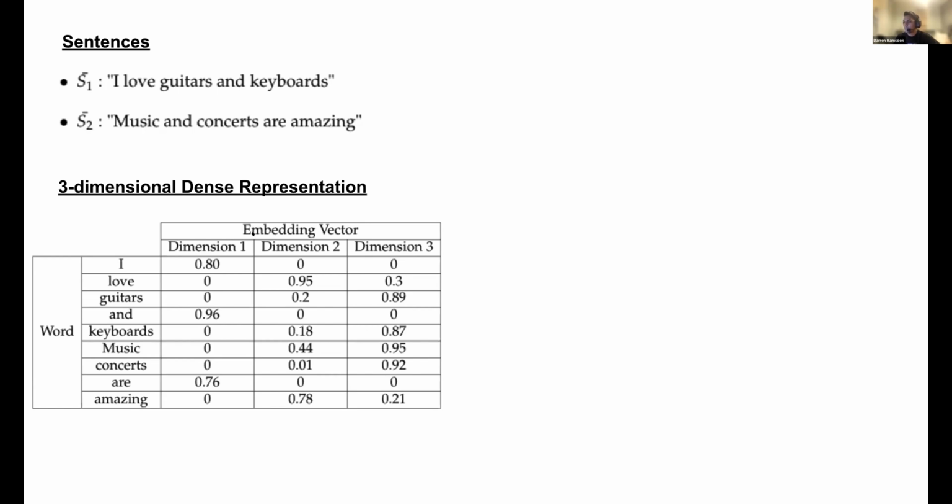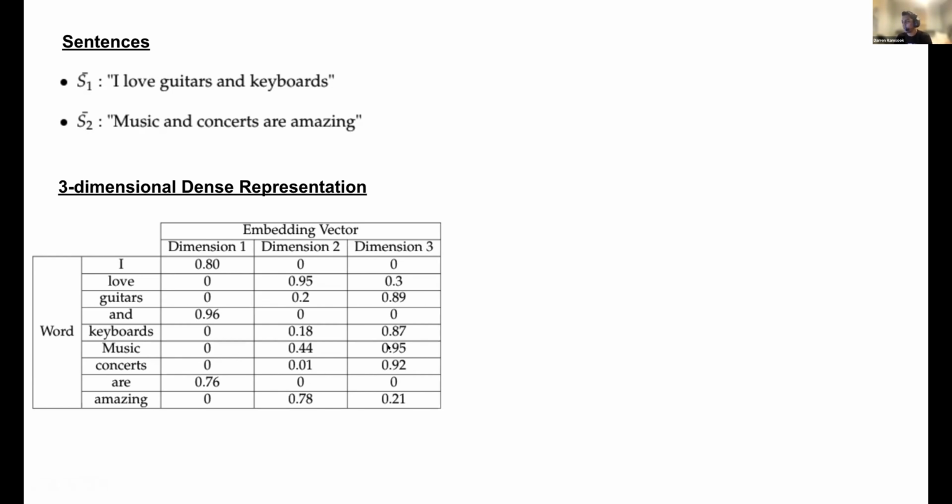So the main idea using this representation is that there are some words that are closely related to each other, and they have similar embedding vectors. They won't be far from each other in the vector space of the embedding vectors. Something else, music and concerts. You can see that dimension 3 in music and concerts are very closely related, while the others aren't.